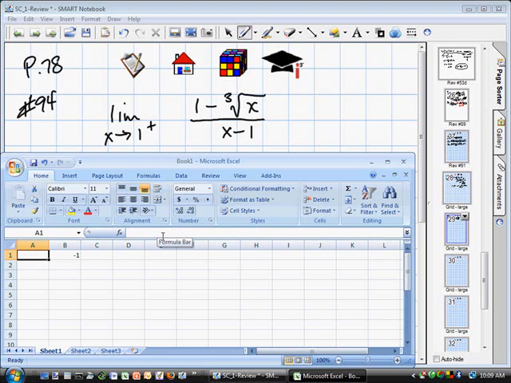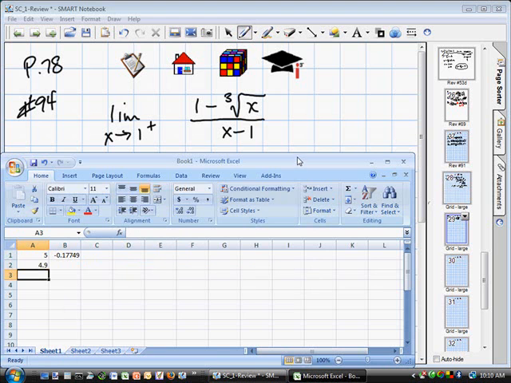Okay, now I'll just put some numbers in here. We're approaching 1 from the right, so I'm going to start at 5, and then go down by, I don't know, 0.1. So let's say A1 minus 0.1.